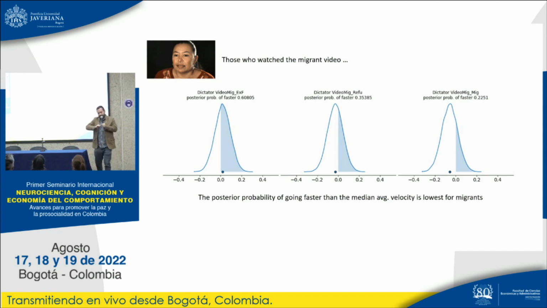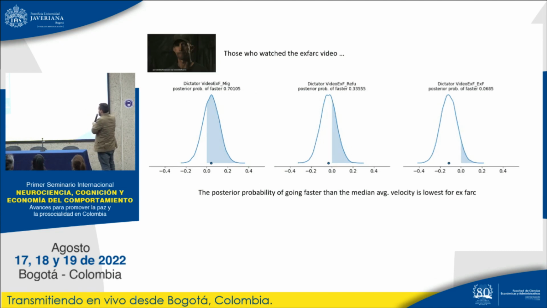So when they saw the video of migrants, they moved slower. That's evidence that these videos may affect some of the cognitive process. The same thing happened with the former FARC. It's the same pattern, but now the last one here is former FARC. Once again, they are slower when they have to transfer to a former FARC member.